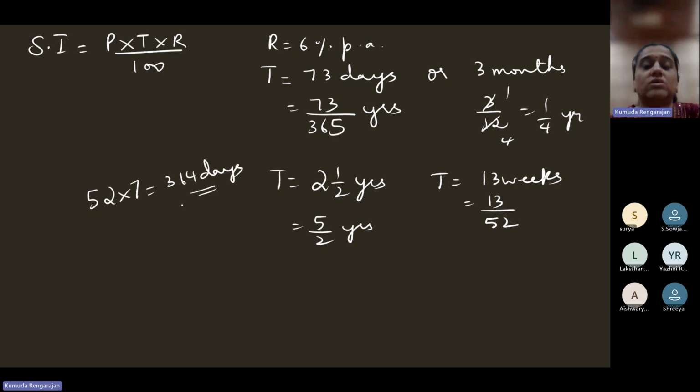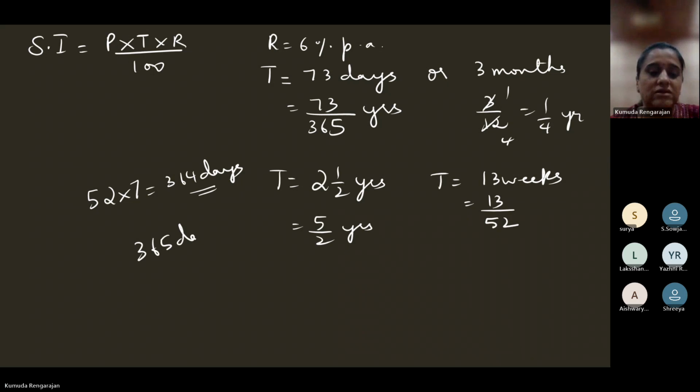So a year has 52 weeks and 1 or 2 extra days, depending on if it's a leap year or a non-leap year. But that's just ignored. Though there are 1 or 2 days extra, we just take it as 52 weeks.